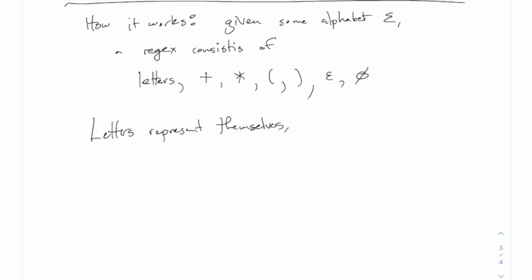So, for example, if my regular expression is just A, then what is the language generated by that? It's just A. So this regular expression, A, matches, we say, since we don't say accept or reject when talking about regular expressions, it matches the string A and no other strings. Only A.